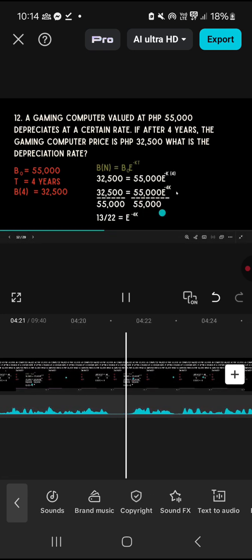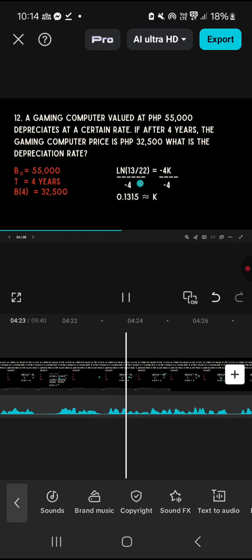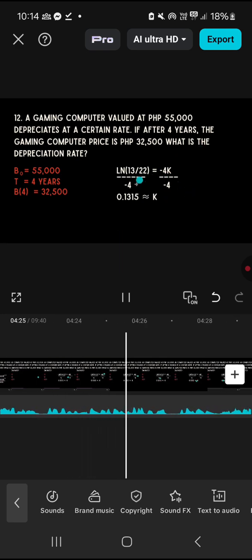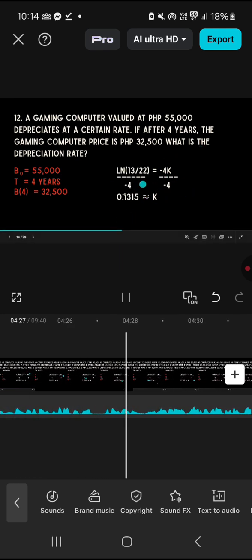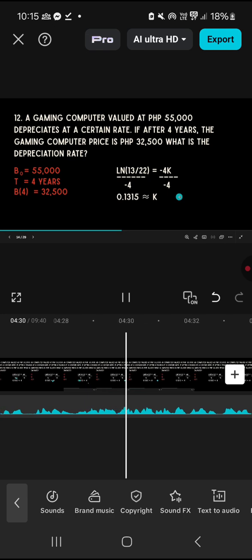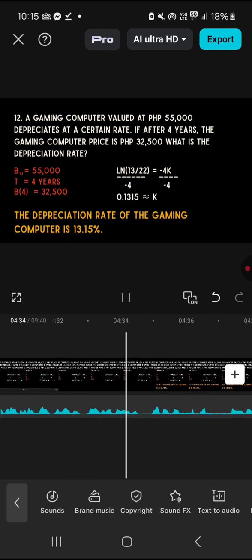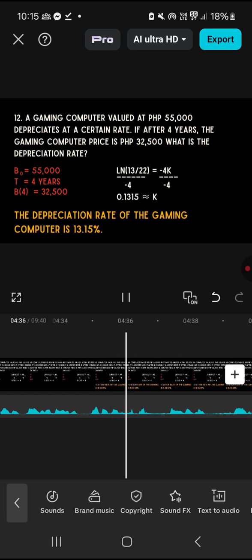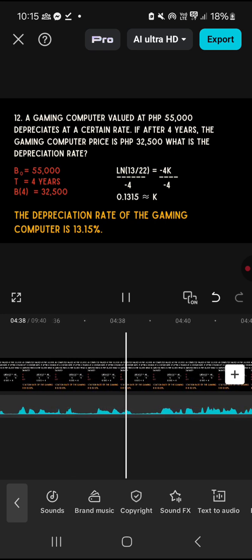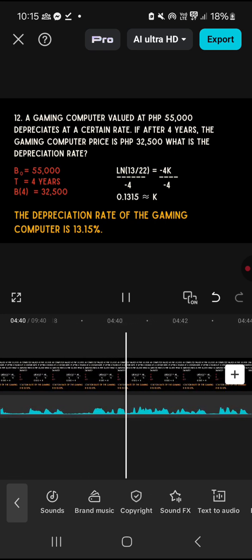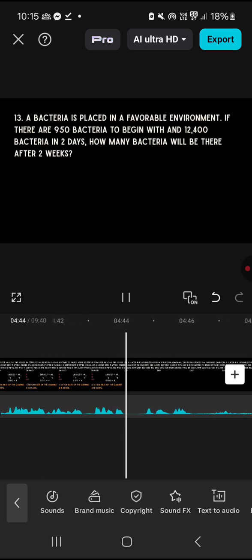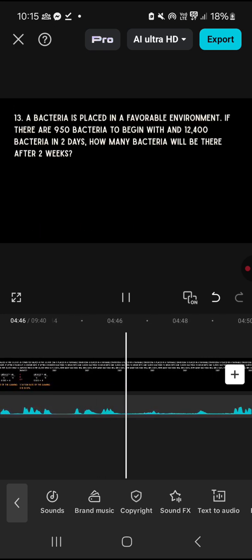Since we use natural logarithm, we got rid of the e, and the exponent of negative 4k becomes our value. So to isolate k, we divide both sides by negative 4, and we'll get our rounded off value, which will be 0.1315. So the depreciation rate of the gaming computer is 13.15%.